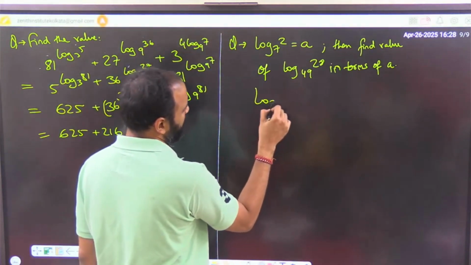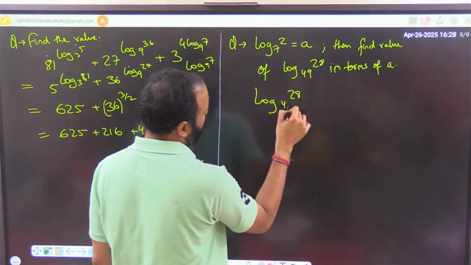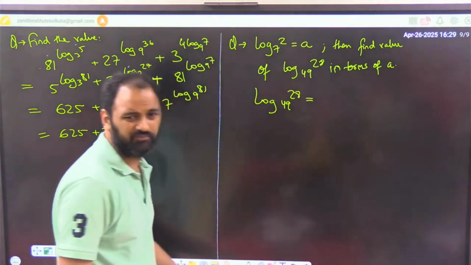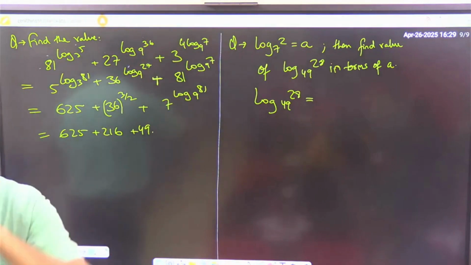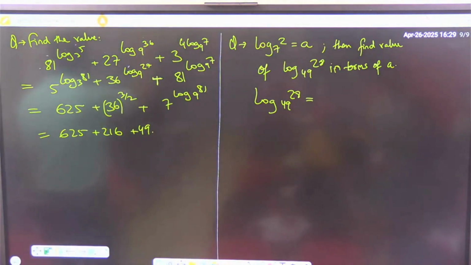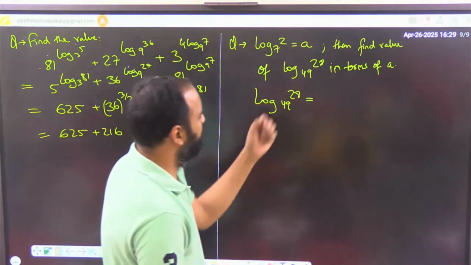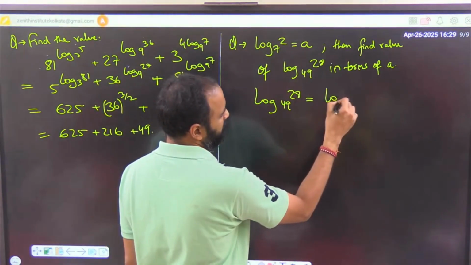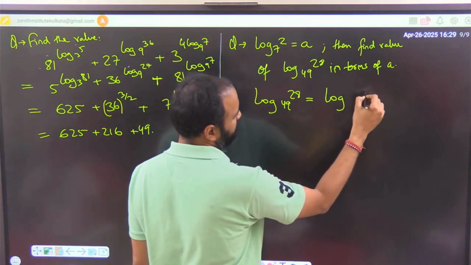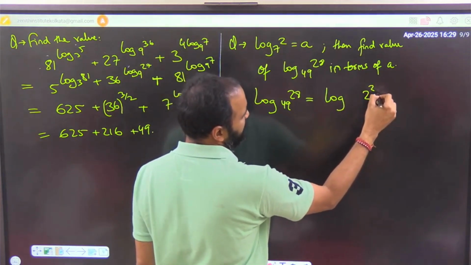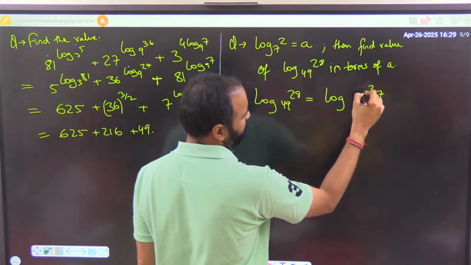So if we start with log 28 to the base 49, how do we simplify? Break the numbers into smaller parts. You see, what can we write 28 as? 4 into 7, which is like writing 2 square into 7.